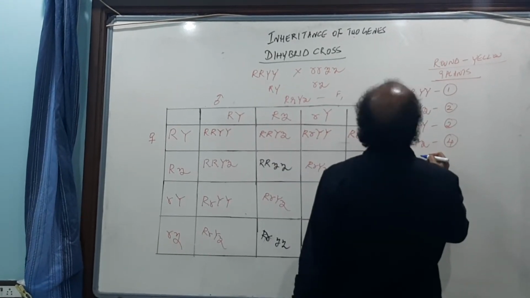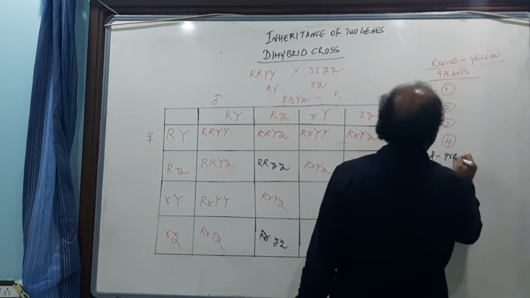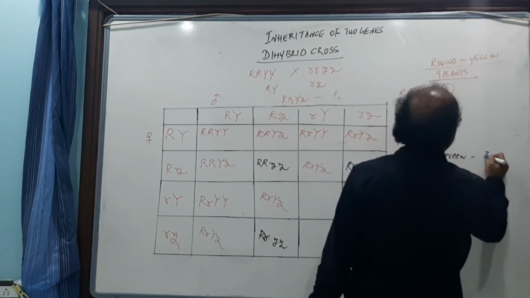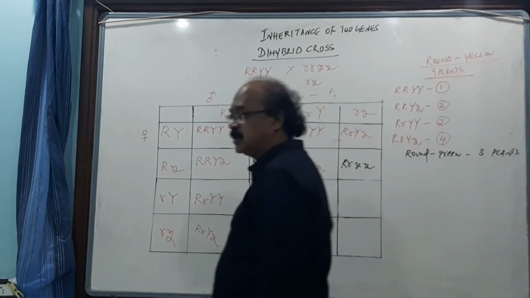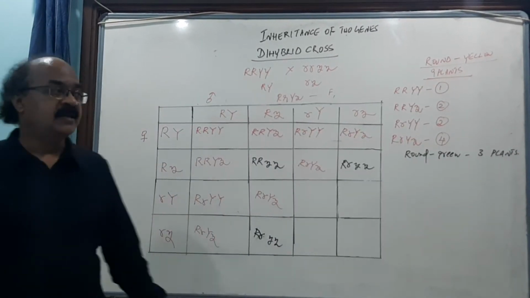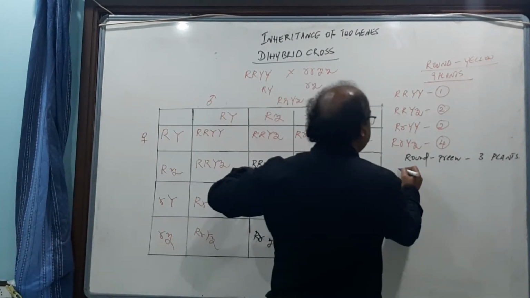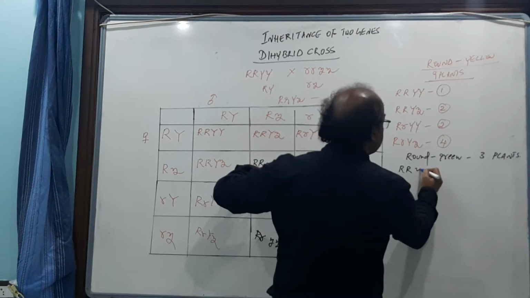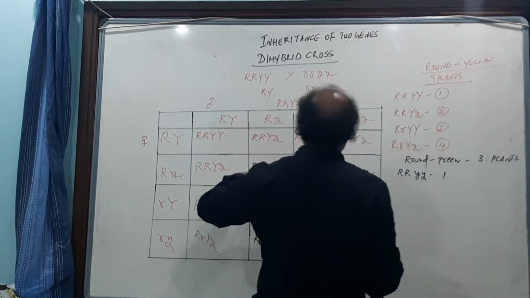Those are round and green seeds. There are three plants, round and green seeds. This is one genotype: capital R, small y, one plant.